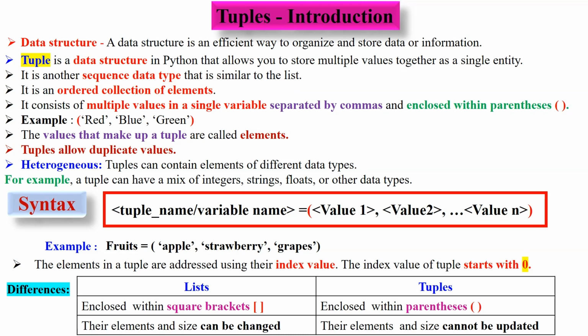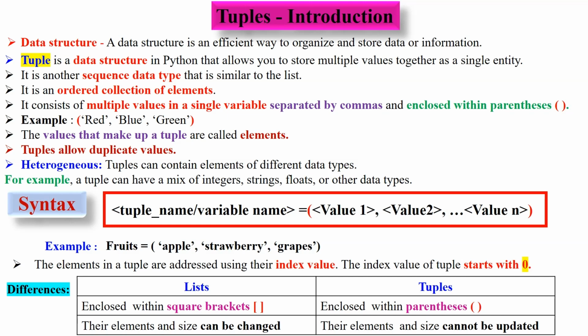The syntax of tuple is, tuple_name or variable name equals open parentheses, value 1 comma value 2 comma up to value n, close parentheses. For example, fruits equals apple, strawberry, grapes. In this example, we have a tuple named fruits, with 3 elements, as apple, strawberry and grapes.